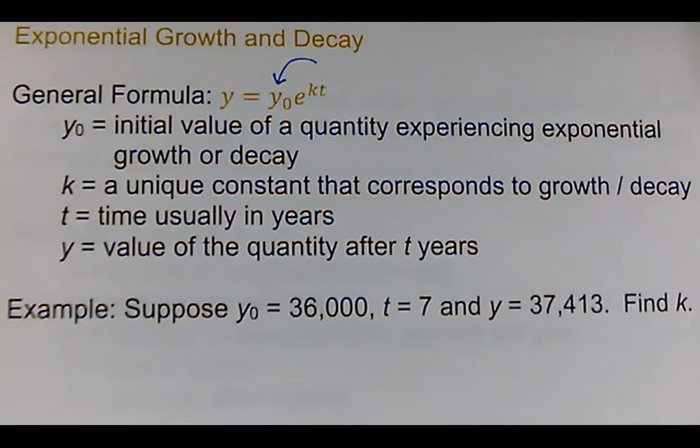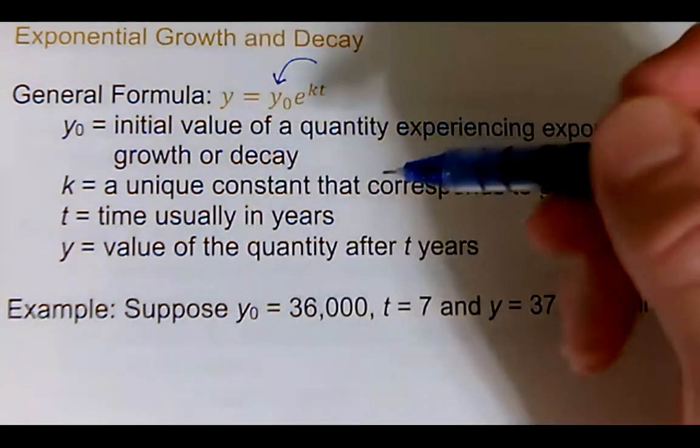If we're talking about the population of a country, this might be some specific beginning date on which we take a census, and then we watch how it grows from that date. The y0 would actually be the population on that date, and the 0 refers to that's our 0 year. Similarly with radioactive decay, that could represent an initial amount.